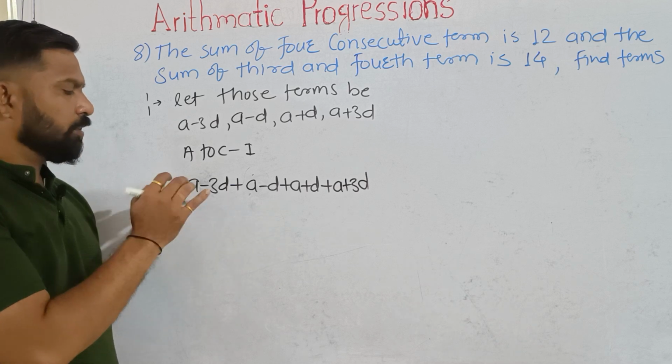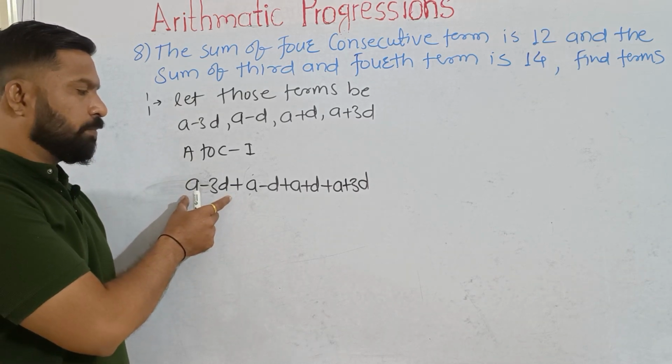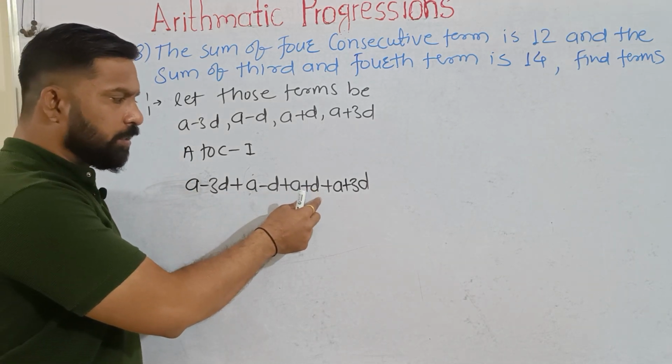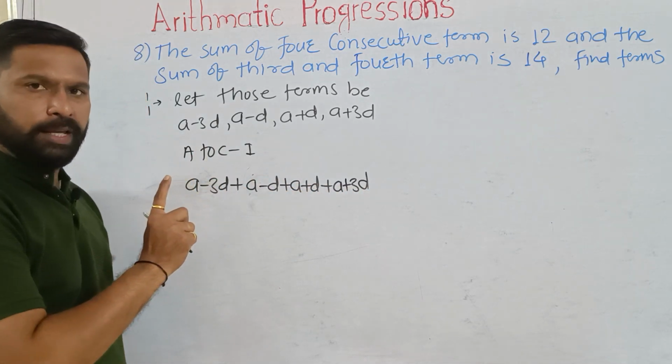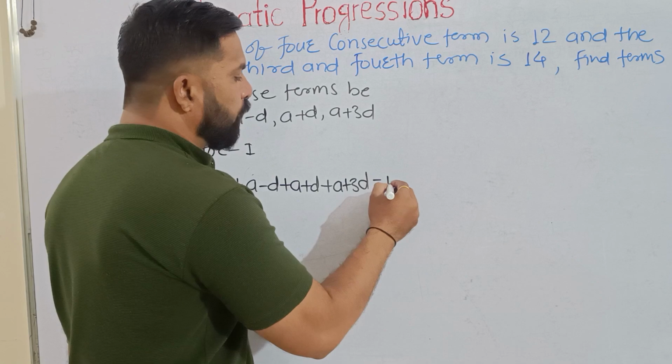Directly you can write it as a sum, no need to use the brackets. Look at the board: first term, second term, third term, fourth term. I am adding them together, which is equal to 12.